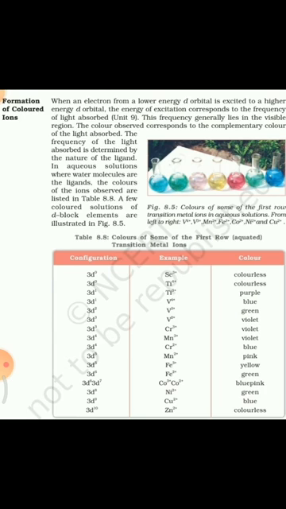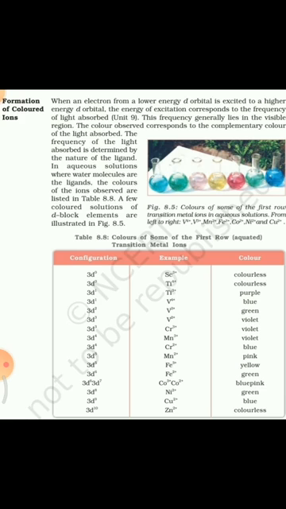When visible light falls on the transition metal compound, the electrons present in the lower t2g orbitals undergo excitation to higher eg orbitals by absorbing radiations from the visible light. These transition elements contain vacant or incompletely filled d orbitals.